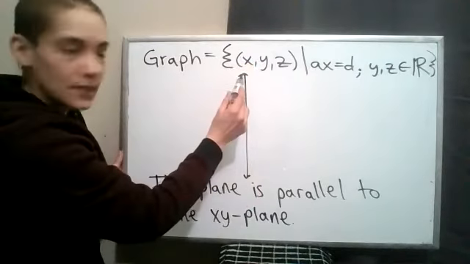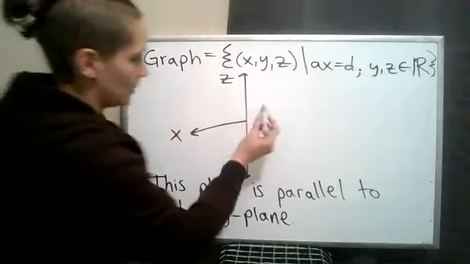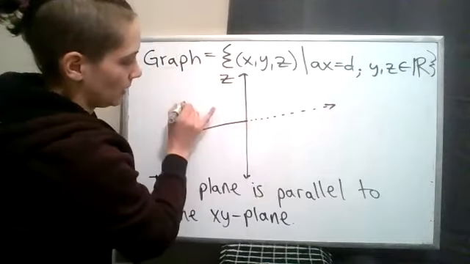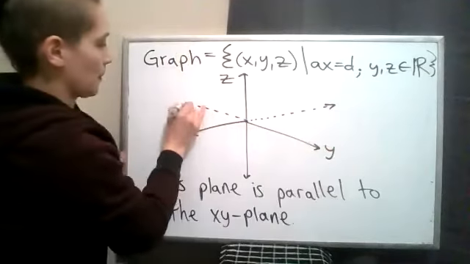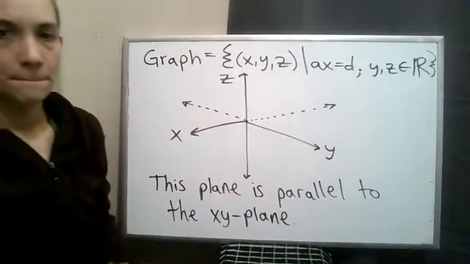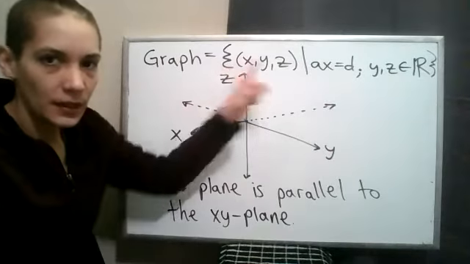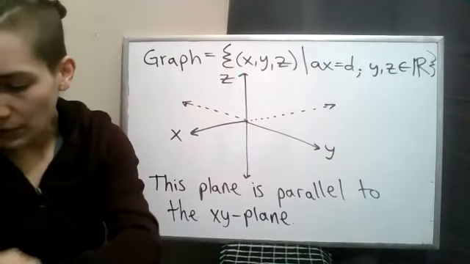This is my z-axis. This will be x, and y. Let's put the intercept as the main point to plot.